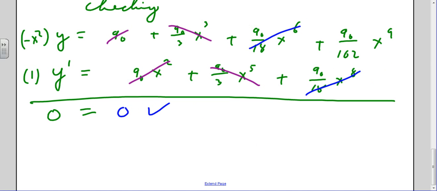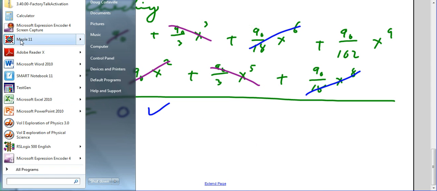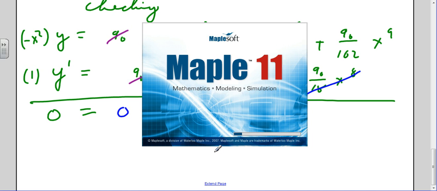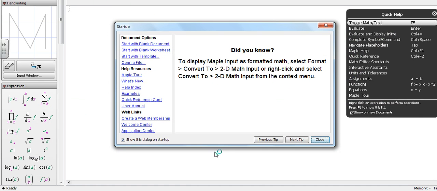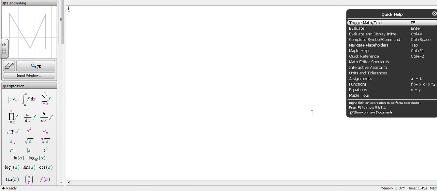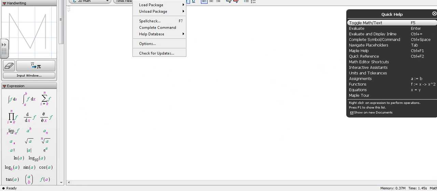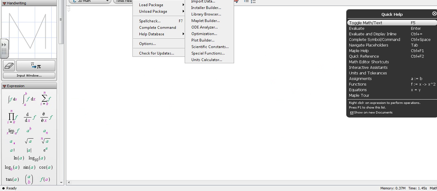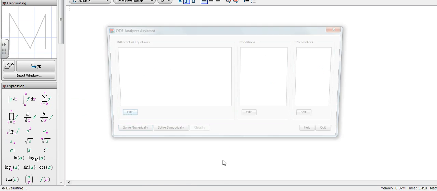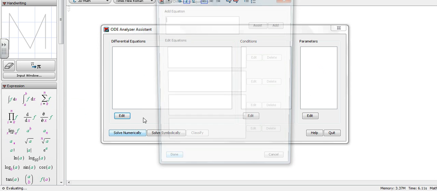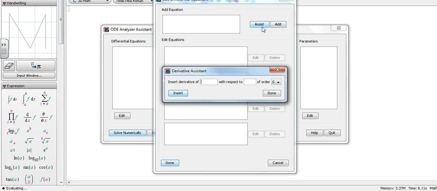Okay, we're going to do one more thing before we call this problem over. We're going to put it in Maple and ask for the series solution to the differential equations. So in Maple, there is an assistant and there's an ordinary differential equation solver. And so we're going to put in an equation.